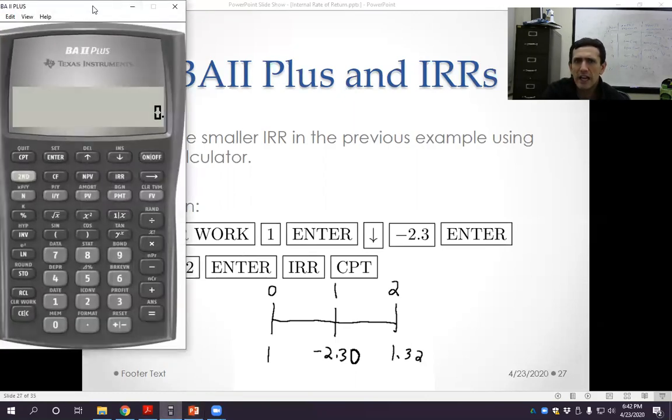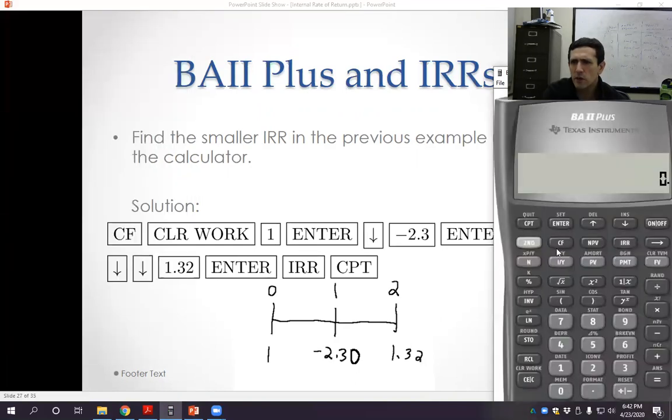So let's do exactly what I'm doing here. All right, we're going to go to cash flow. That's CF right here. I've already done some calculations, so let's clear all the stuff. That's the second clear work, the yellow one here.